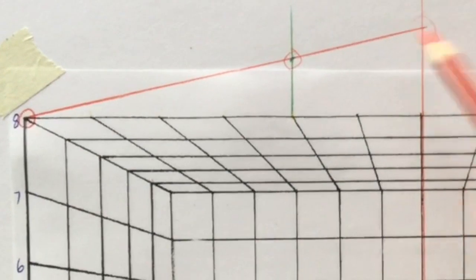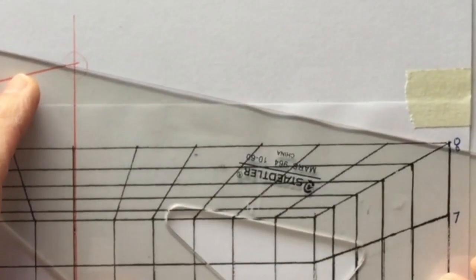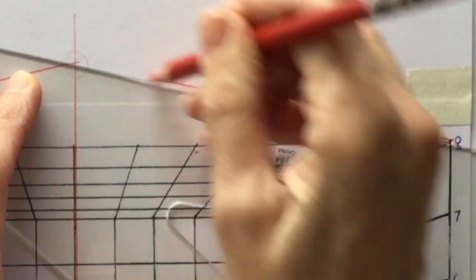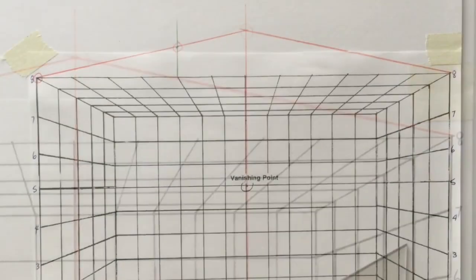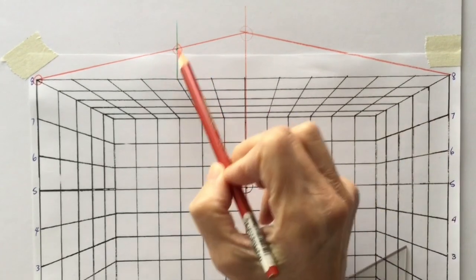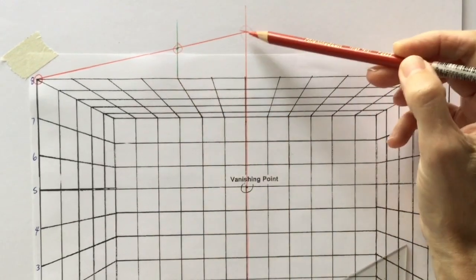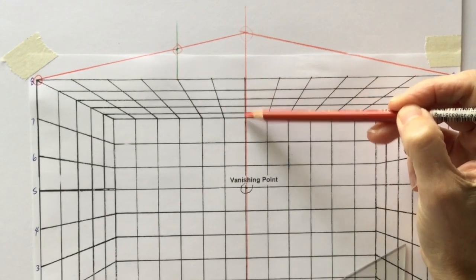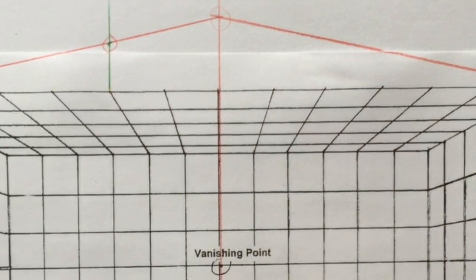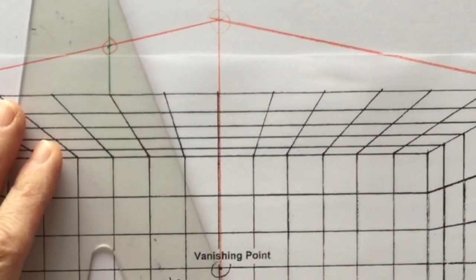Now that I have this, it's very easy to just do the same thing on the other side. Go from 8 feet and bring it in, and there's my gable. Now I also have to do it at the ceiling at the back, and that's why we chose this area. Along this line, I wouldn't know what to choose for the height at the back, but this I can choose by using my vanishing point.